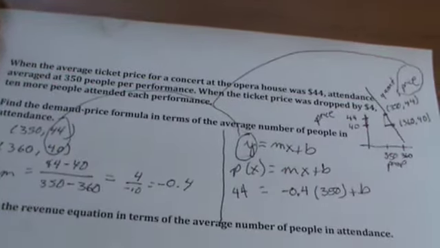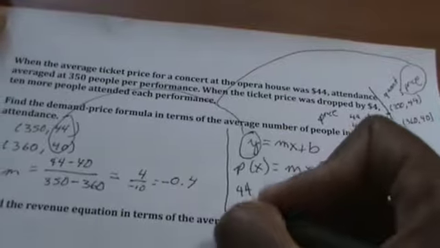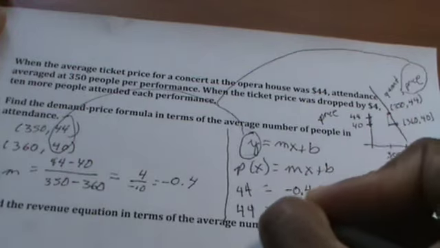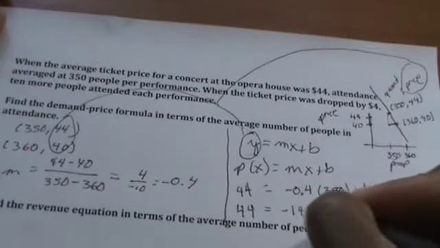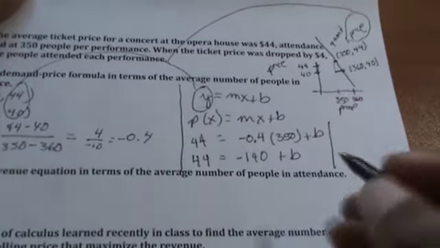So let's see. I get 44 equals negative 140 plus b. Okay, I'm running out of space, so you guys would have to do the math.